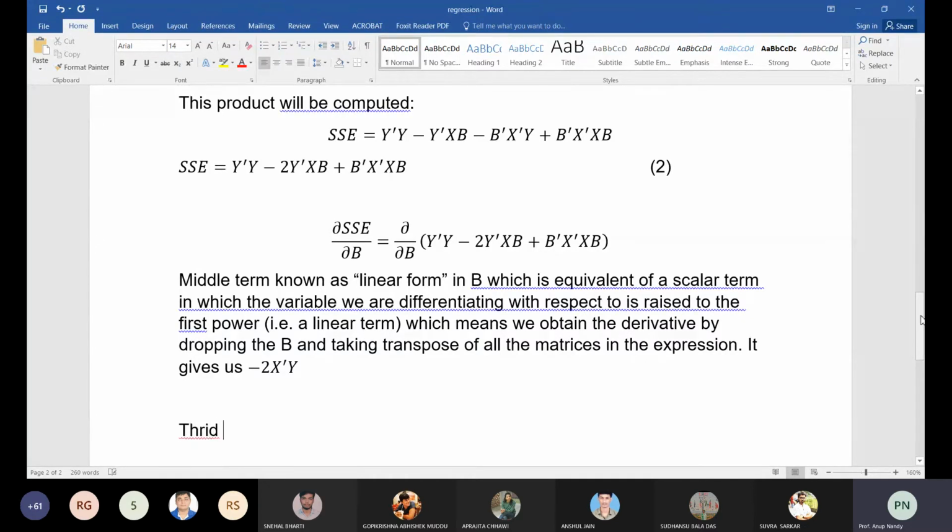The third term is a quadratic form in B, which is also equivalent of a scalar term in which the variable we are differentiating with respect to is raised to the second power.